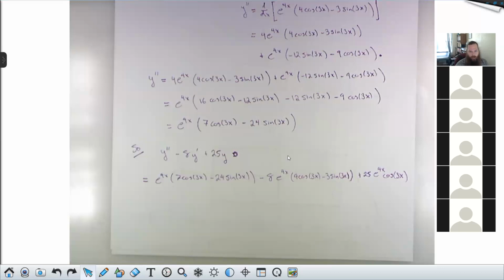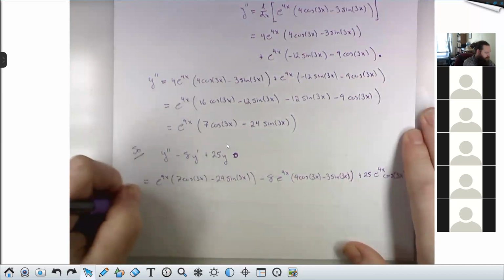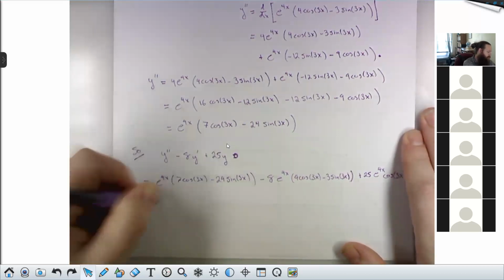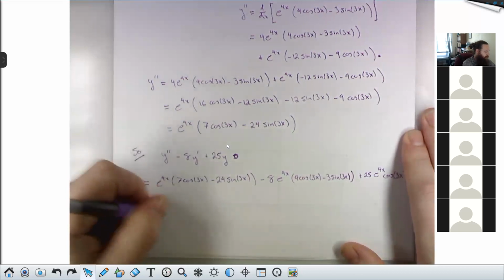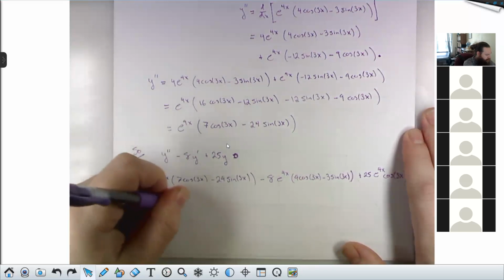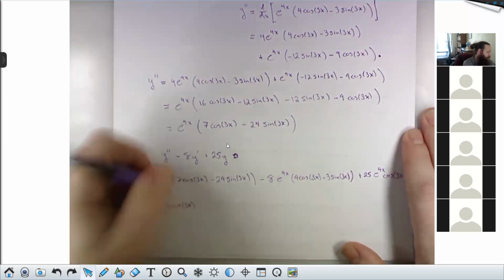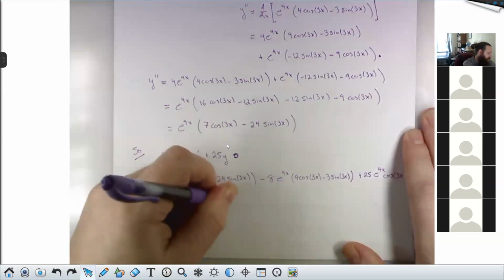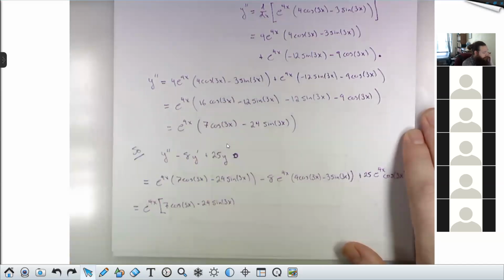Again, we can factor out the e to the 4x. Every term here has an e to the 4x. That's why I've been factoring the e to the 4x at every opportunity I get. I'll give myself even a little more space. This gives me e to the 4x times 7 cos 3x minus 24 sine 3x.